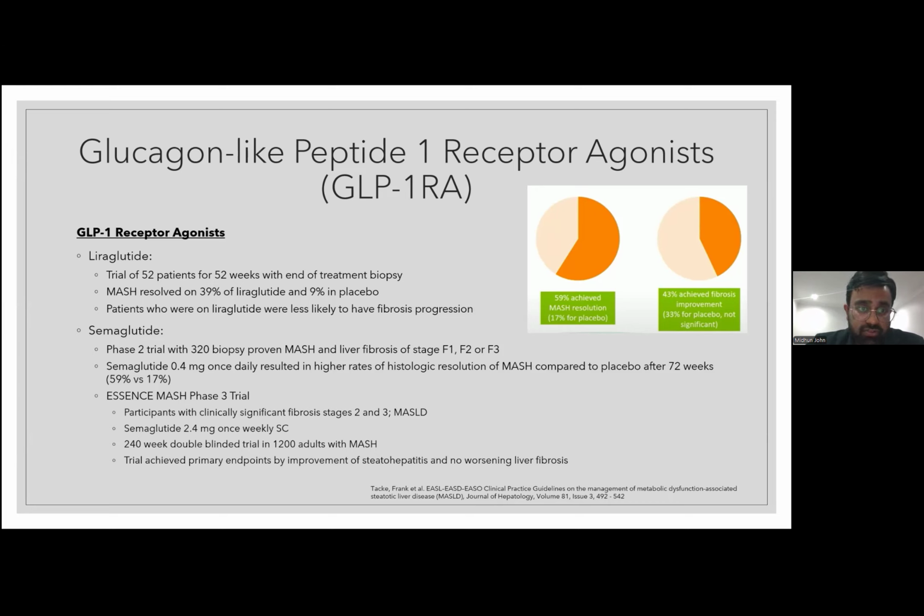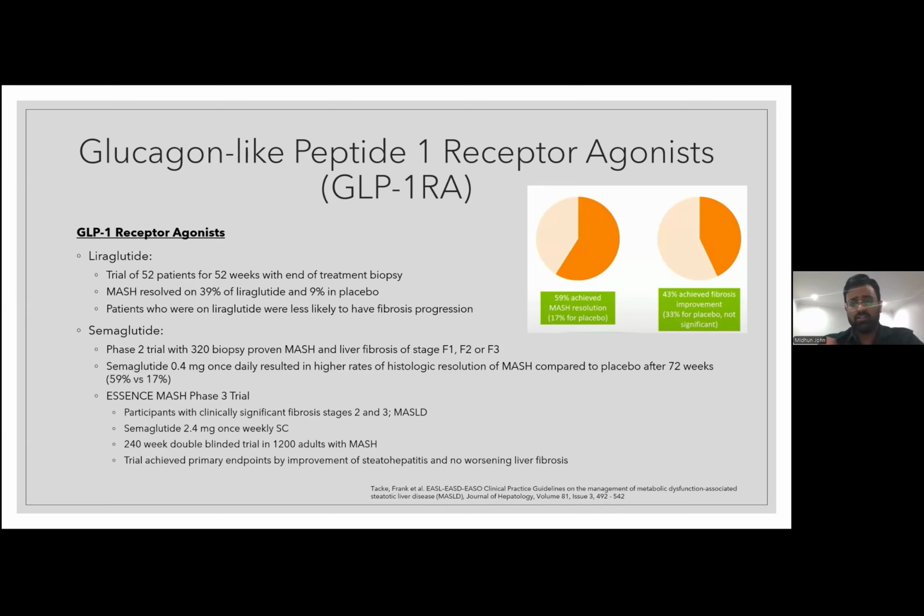It initially started as a phase 2 trial with 320 biopsy-proven MASH patients, as well as liver fibrosis of stage F1, F2, or F3. What they did is they put patients on semaglutide 0.5 milligrams once daily, and it resulted in a higher rate of histological resolution of MASH compared to placebo after 72 weeks.